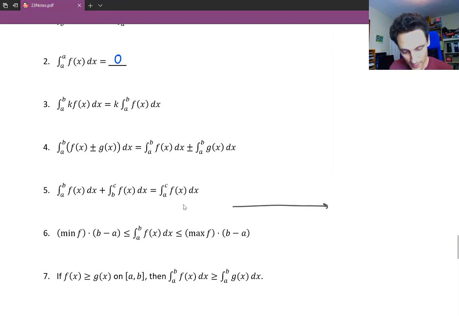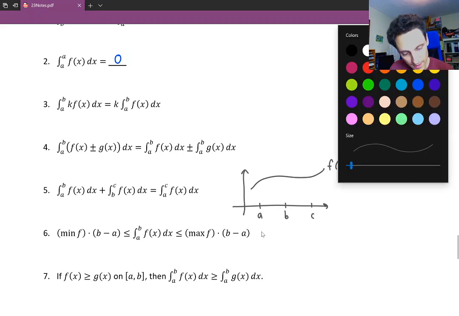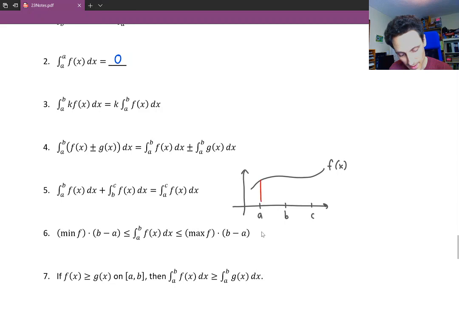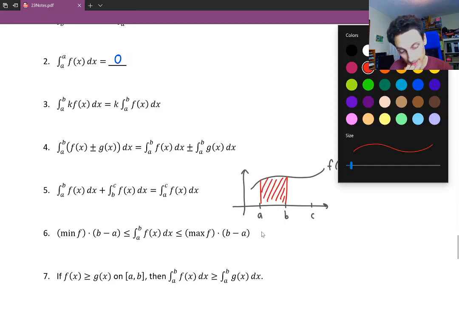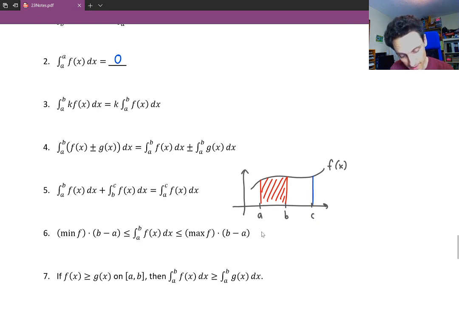Now you can say that, but having a picture is definitely worth 1,000 words here. Here's a, here's b, and here's c. And here's some function, f of x. So what this says is that the area under the curve from a to b plus the area under the curve from b to c is going to equal the area under the curve from a to c.